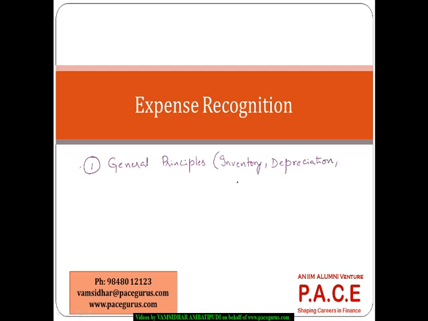Or what are the general principles that are associated with amortization expense? And I can also focus on something to do with the warranties, bad debts, different kinds of expenses. What are the general principles that are driving them? And if there are any special cases with respect to these different kinds of expenses, we would be looking at them.